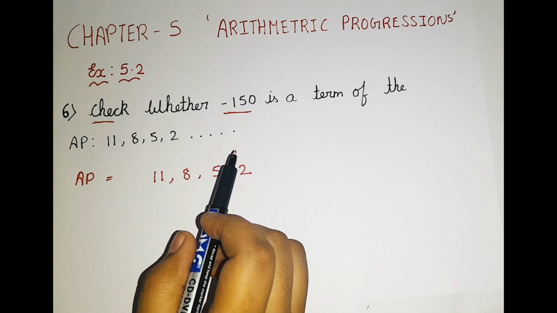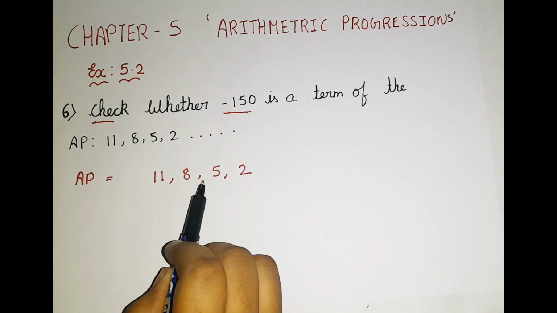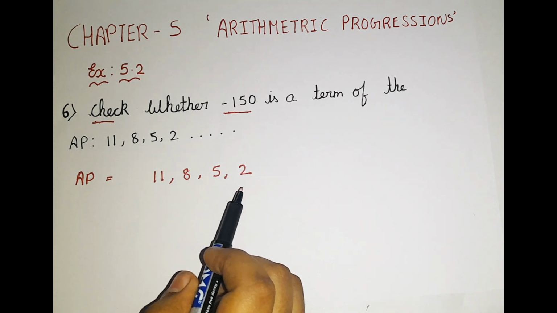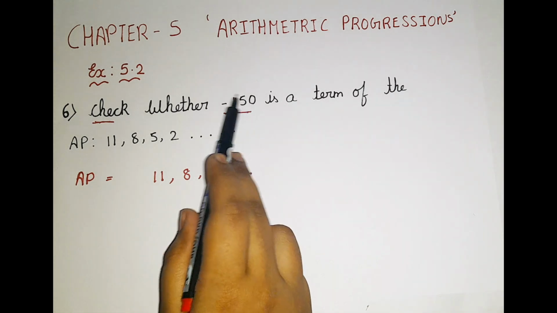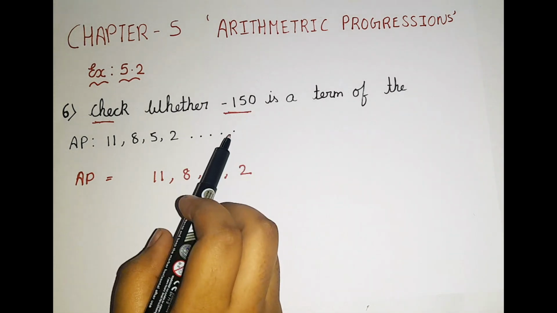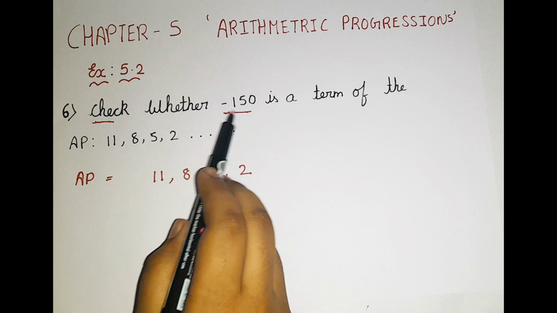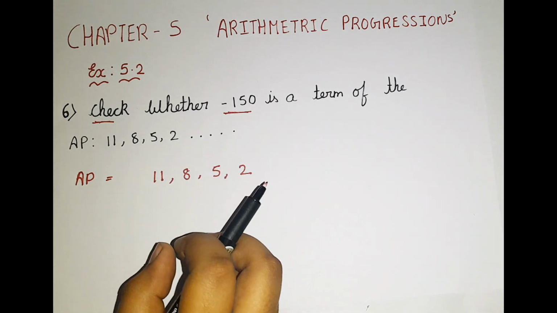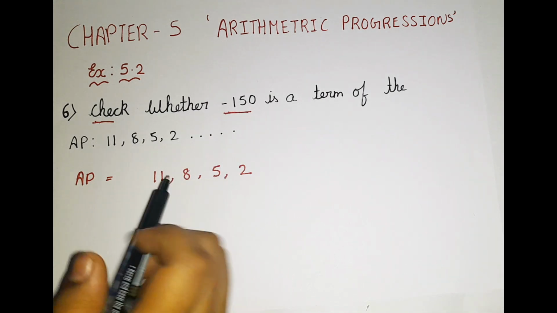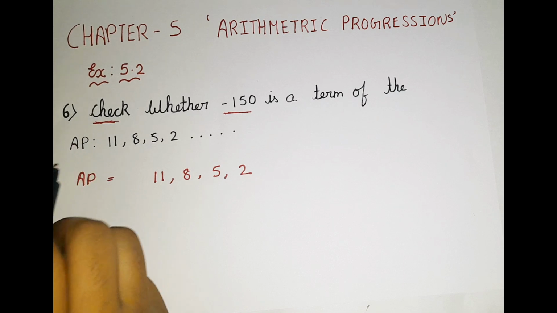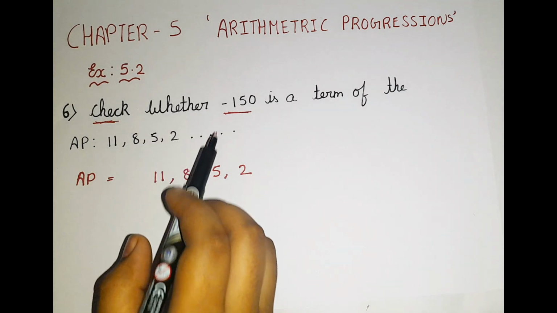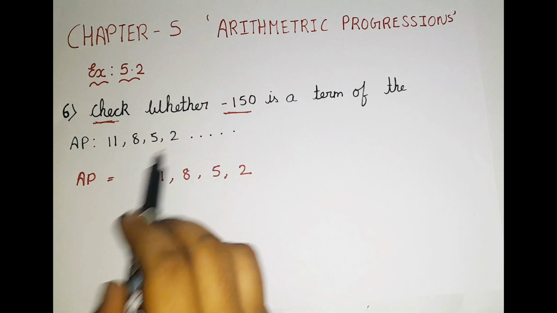When you look at it, the AP is in addition form, but here it is in subtraction form, so there is a difference. Just because of that, they told us to check whether we are getting this term in this particular AP.